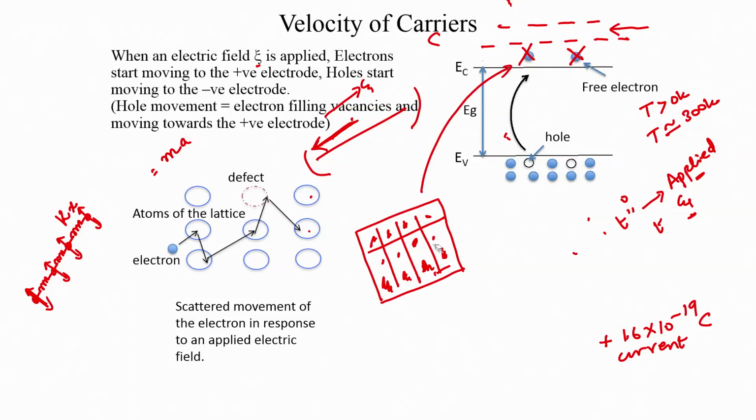Now on the other hand, if I were to have no tiles at all and give you only empty spaces and asked you to move the tiles around or measure the flux of the tiles in this game, the answer is 0, because you have only empty spots and there are no tiles for you to move around. That is equivalent to having only empty states and no free carriers. So again the answer is 0.